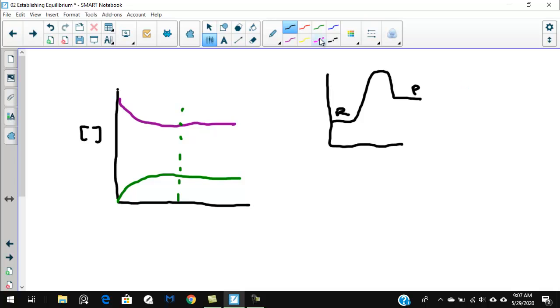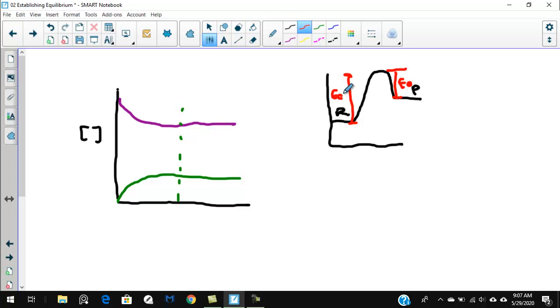And if we take a look at the two EA values, you can see now that this EA is smaller, so it's easier to get this reaction happening. So we can get a good rate going with a lower concentration. This is the EA for the forward reaction, and it's much harder to do.